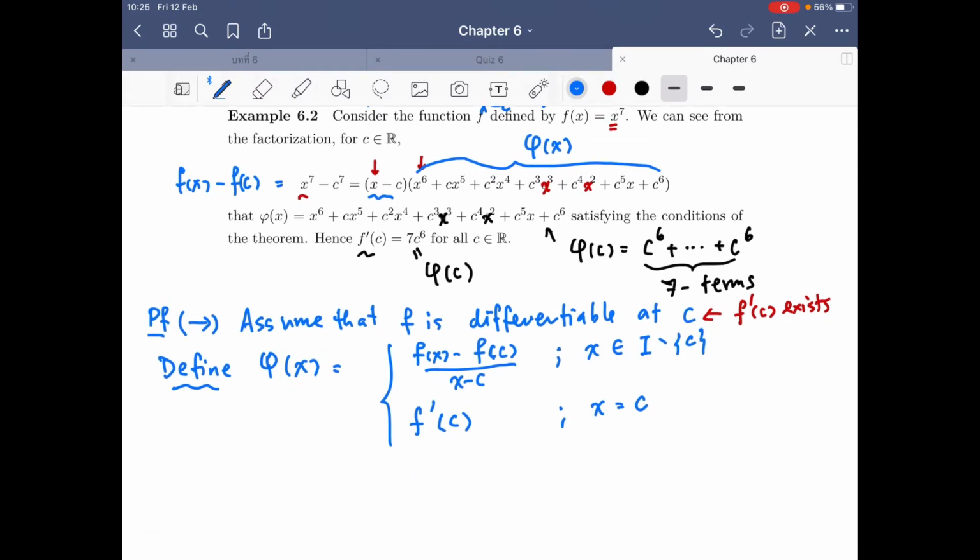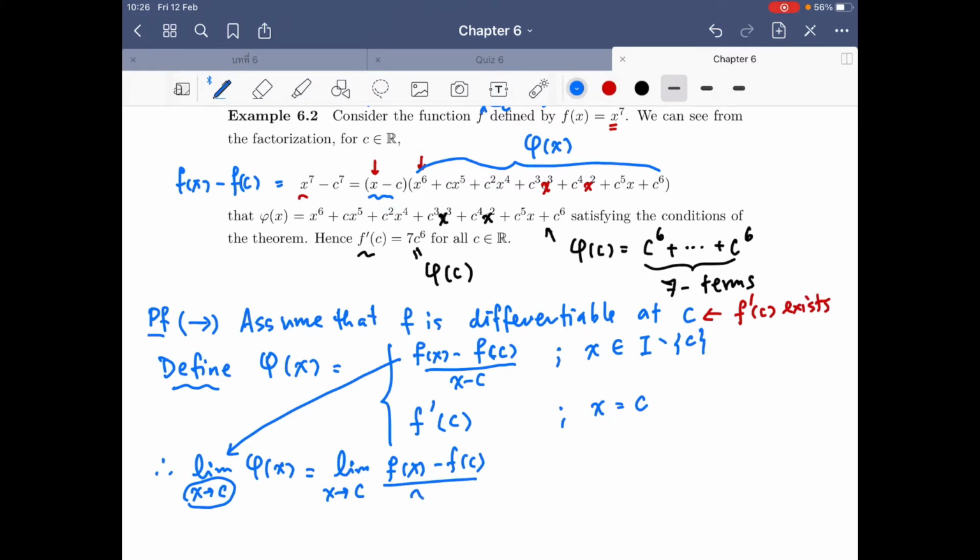So of course immediately the limit as x goes to c of phi(x), because this is the case where x is not equal to c, will equal the limit of this quotient (f(x) minus f(c)) over (x minus c). However, because f is differentiable, and usually we abbreviate like this, f is differentiable, it means that the limit exists and equals f prime at c, which is phi(c).